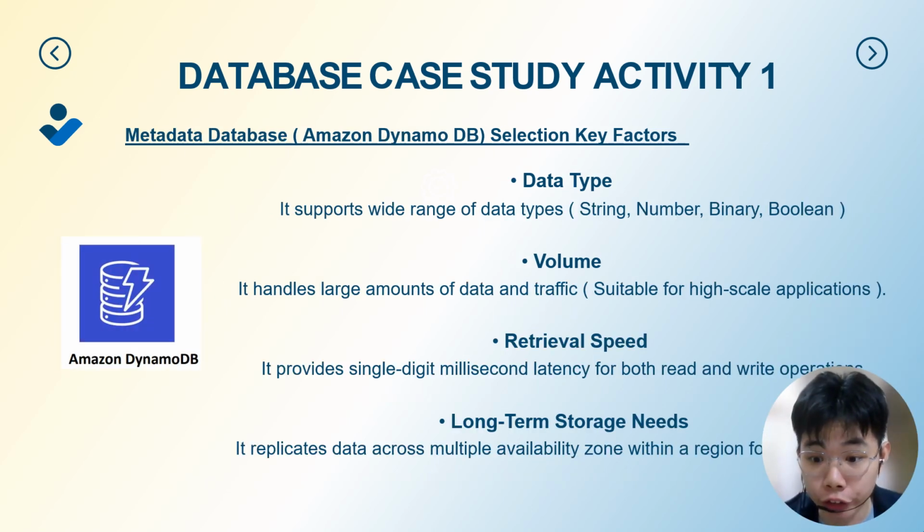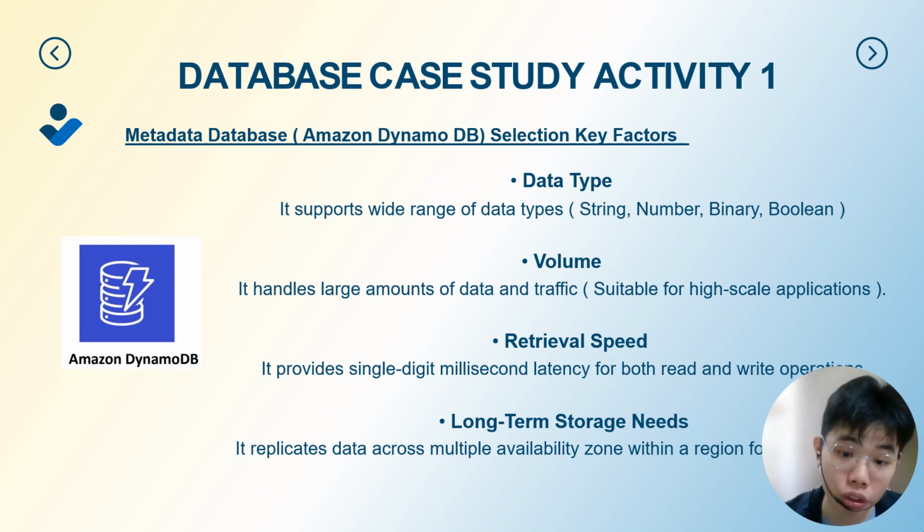After looking at the configuration database in activity one, let's take a look at the metadata database, where I choose Amazon DynamoDB for this case study. First of all, its data type.